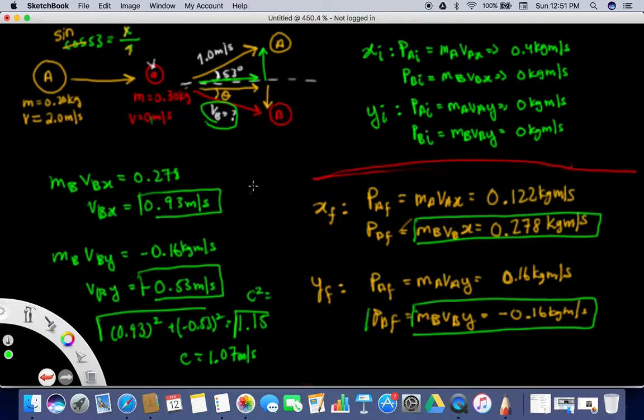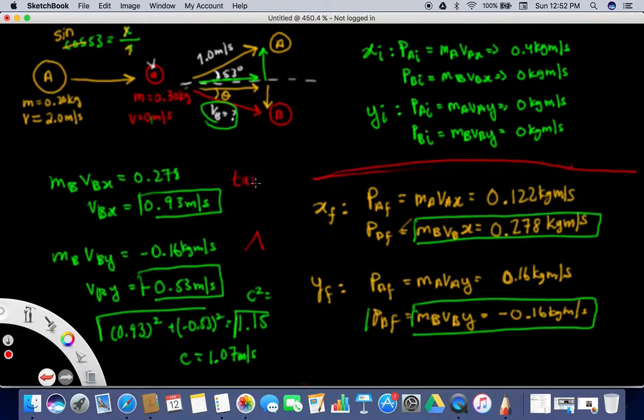But we're not done, because remember, velocity is a vector quantity. So that means that not only do we need magnitude, but we also need direction. The direction will be the angle at which this ball is going in. So we have to solve for theta. How do we solve for theta? Well, we see that it's made up of these two components, opposite over adjacent, and we know the opposite and the adjacent.